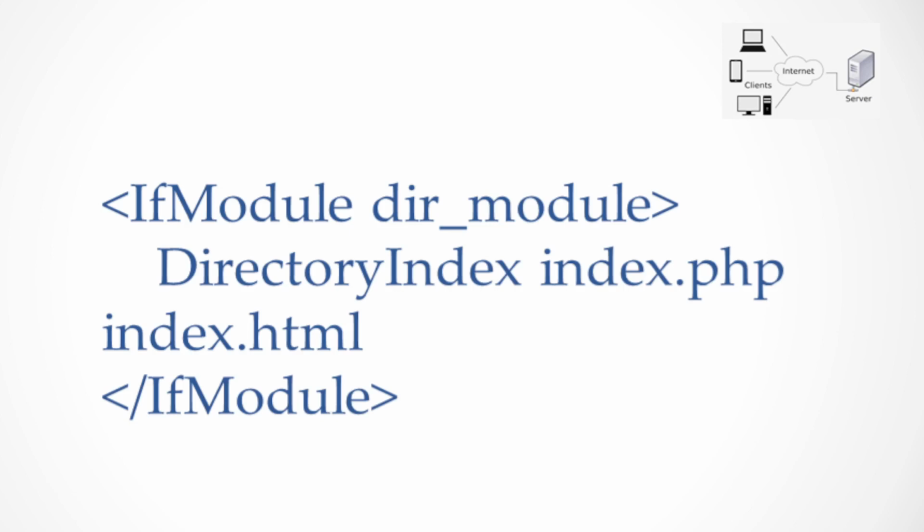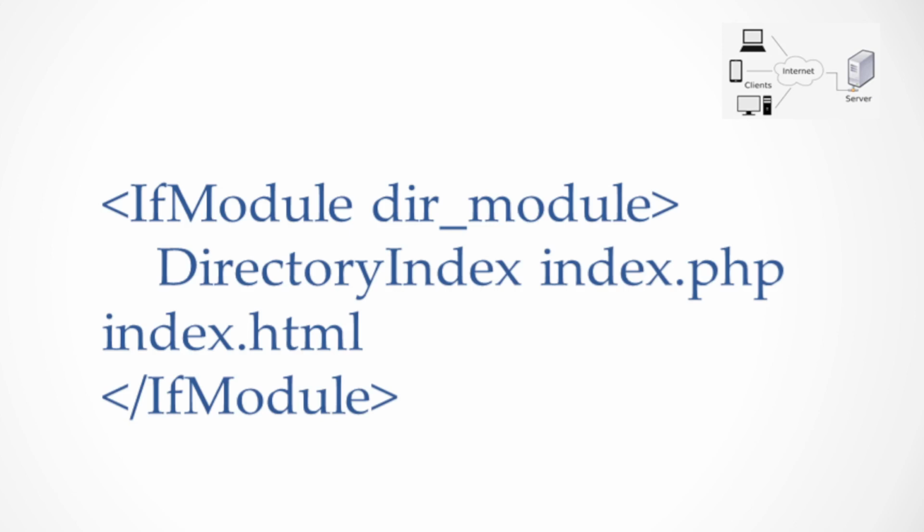Another interview question. You are running a PHP application and generally Apache server redirects URL to the index page. You want to redirect URL to the index.php page. In that case, you have to open your httpd.conf file. It is located in Apache /config.